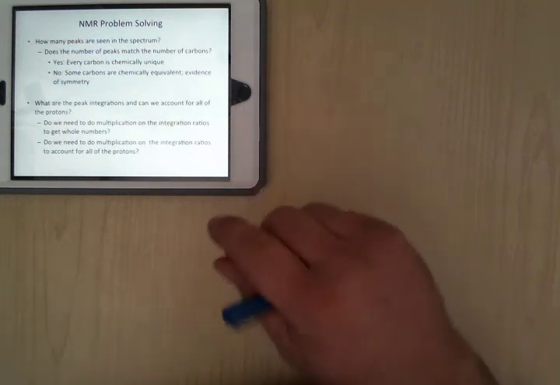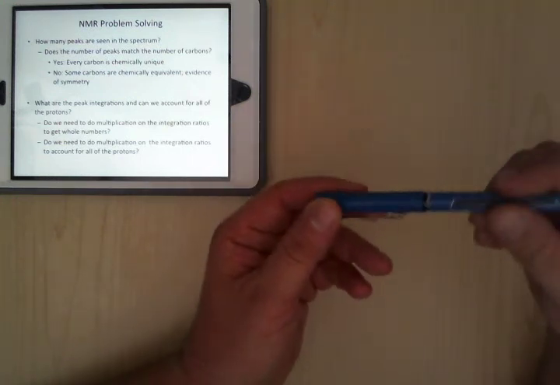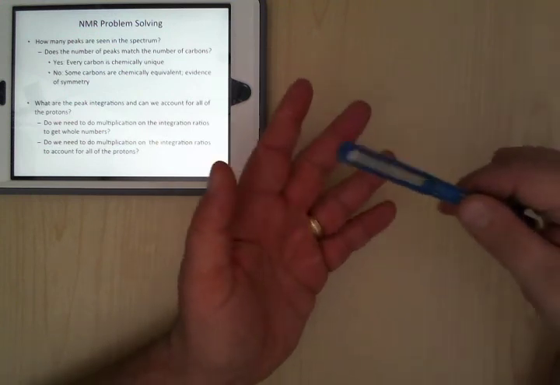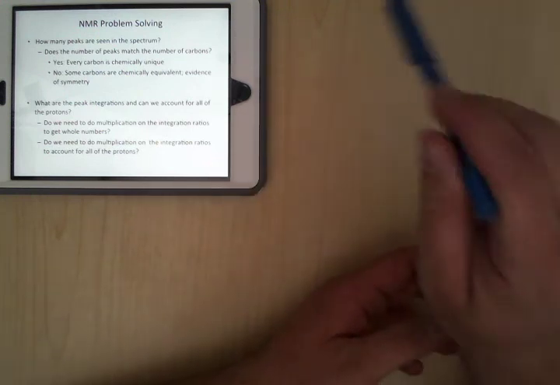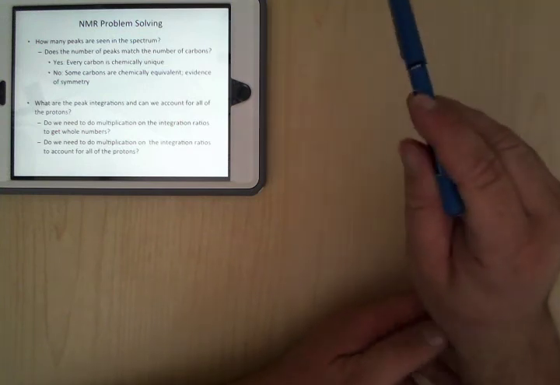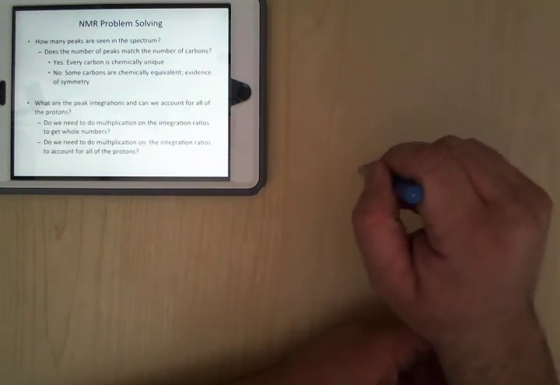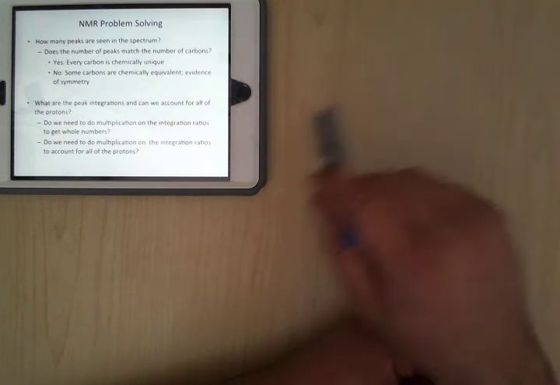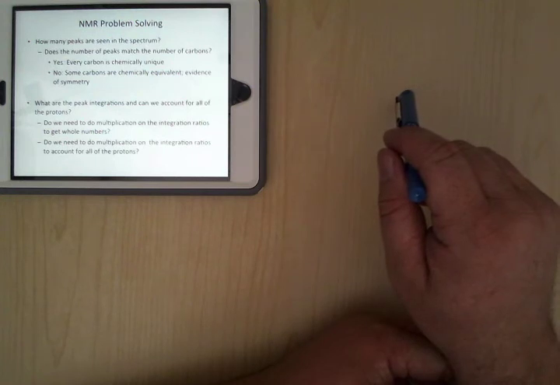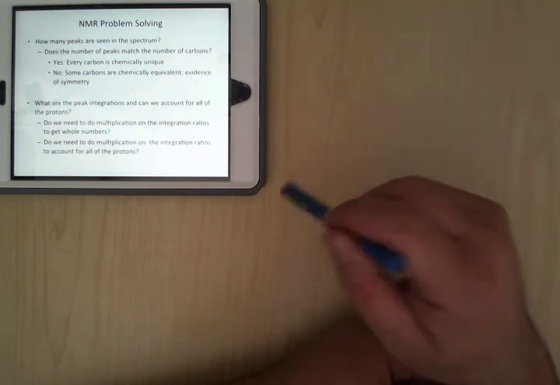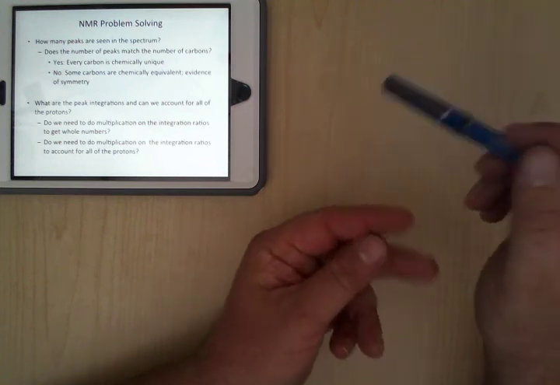So if I have 5 carbons and I have 5 peaks, you can just count the number of types of signals that come out. That means every carbon is unique. If I have a 5 carbon sample but only 4 signals, that means 2 of them are equivalent to each other.